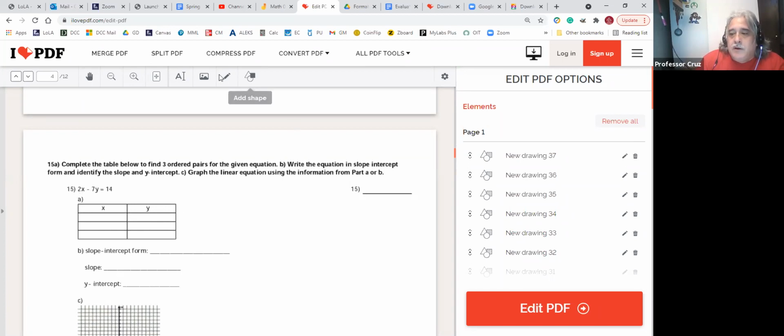So what I'm going to do is solve this one for y. In other words, I'm going to isolate the y's on one side, but I got to get rid of that one.